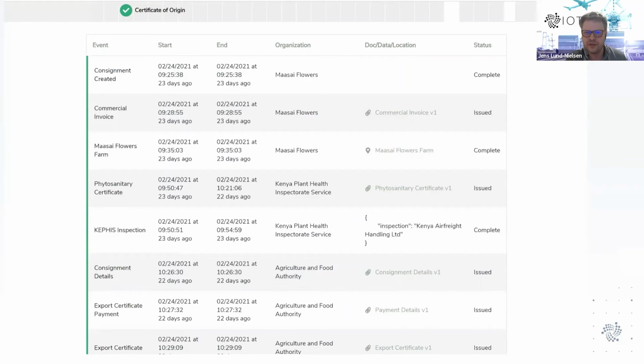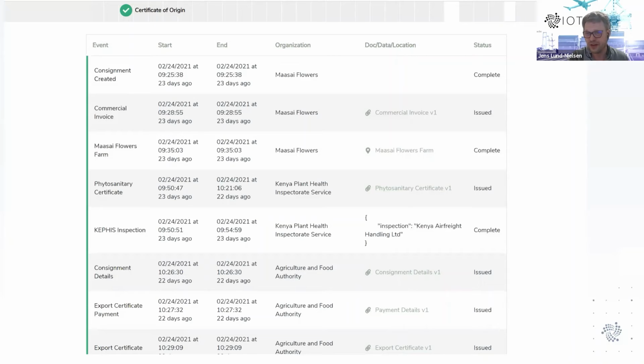Then you can have the information itself, which could be a document. And we work with all kinds of formats, whether it's an XML format or a Word document or whatever. But when you get that information there, we certify it on the blockchain, meaning that it can't be altered later on.